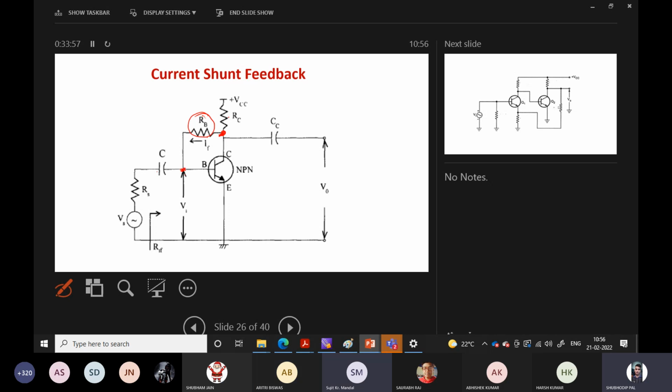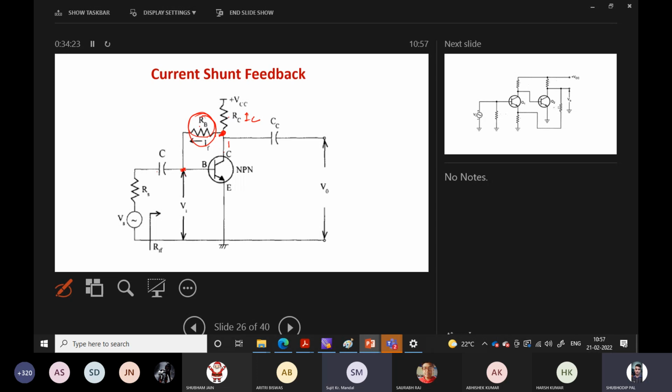Now, in this circuit configuration, can you see here? If this feedback resistance is not connected, what will happen? Then whatever the current IC is, it will be flowing only through the resistor RC. Once this resistance is connected, a part of this output current IC takes two paths from here.